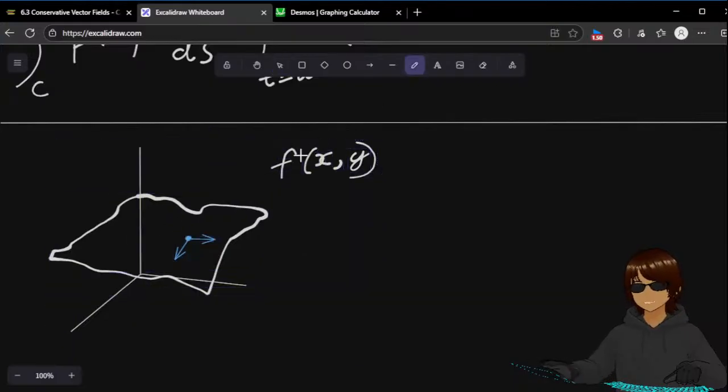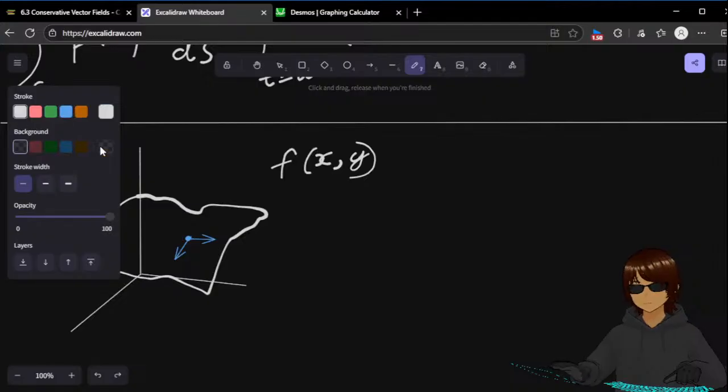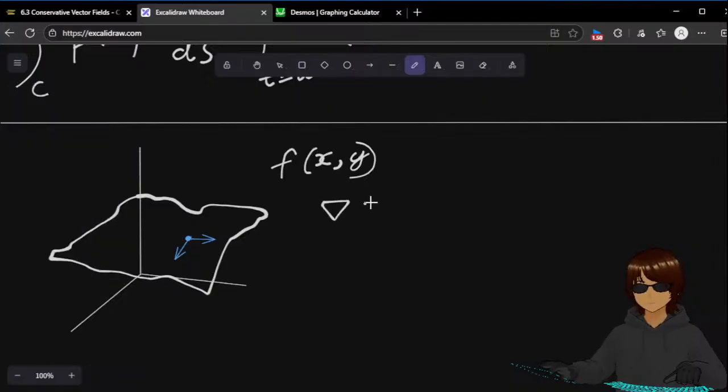So this surface is defined by f of x, y, and then we have another thing called the gradient of f. The gradient of f is the partial derivative of f with respect to x in the i direction plus the partial derivative of f with respect to y in the j direction. So this vector plus this vector gives the gradient of f.